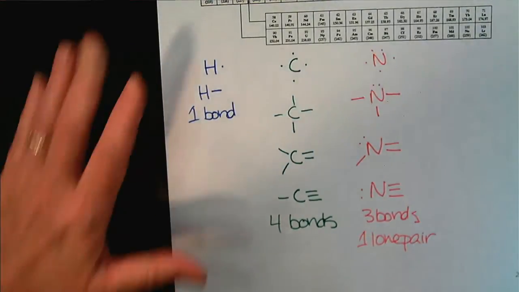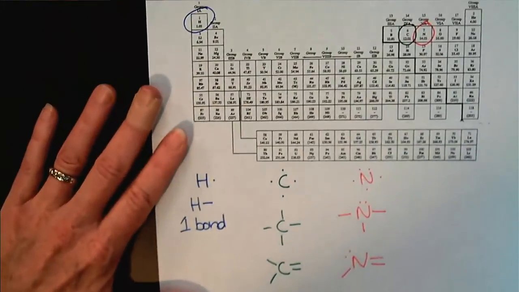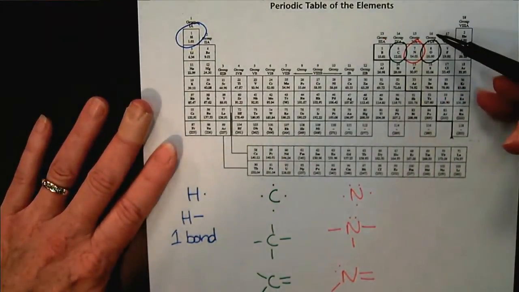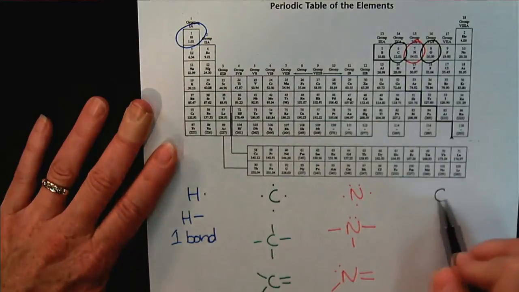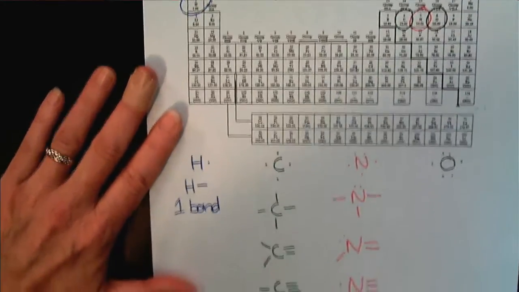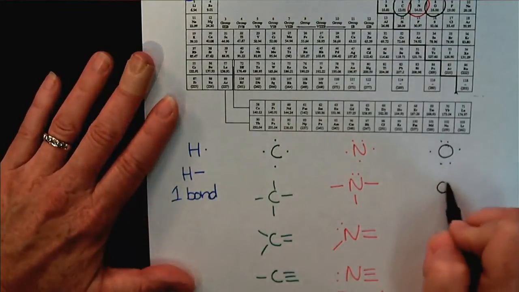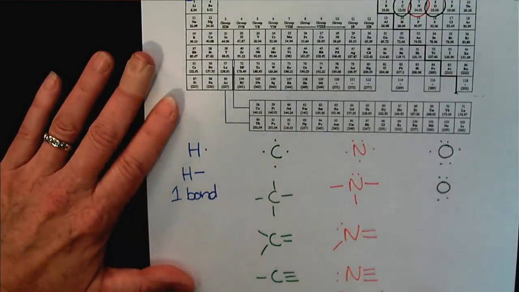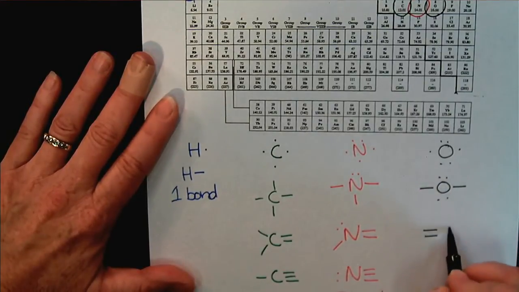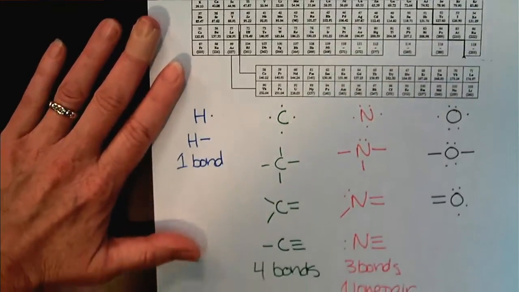And then last but not least, let's remind ourselves about oxygen and oxygen's bonding patterns. Oxygen is group 6, so it has 6 valence electrons. So when oxygen forms compounds, it will have 2 sets of lone pairs and 2 bonds. And just like carbon and nitrogen, oxygen doesn't care how it gets its 2 bonds.